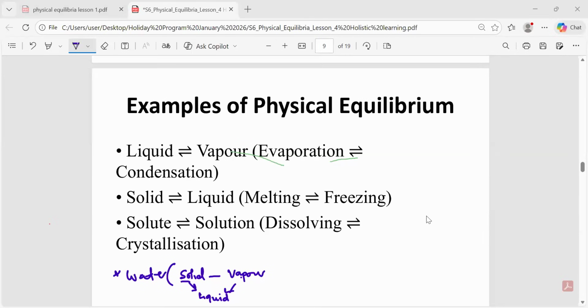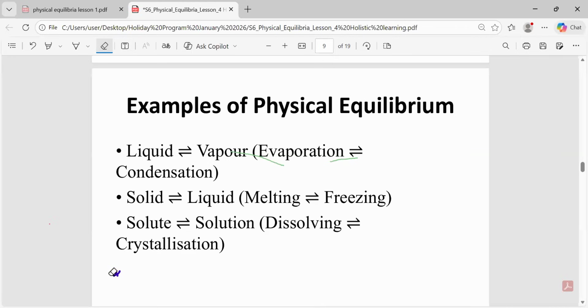Teacher, I'm just adding something small for those who just joined. For the first example, the liquid is changing to vapor, but the process is occurring at equilibrium.